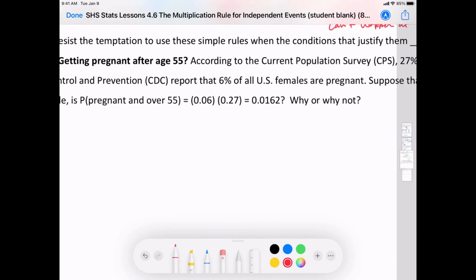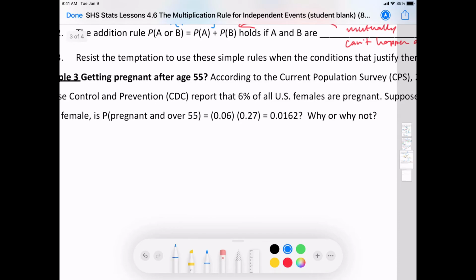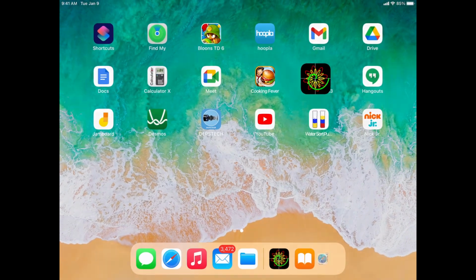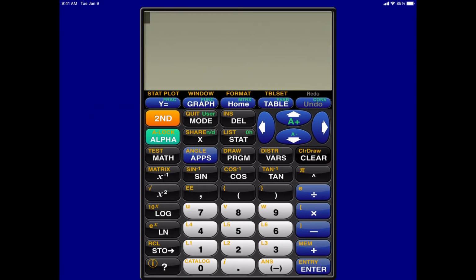Okay. So I see the word and. You do multiply, and if you multiply those two numbers, you will get this number. Let me prove that to you really quickly. 0.06 times 0.27, and you get 0.0162, right?